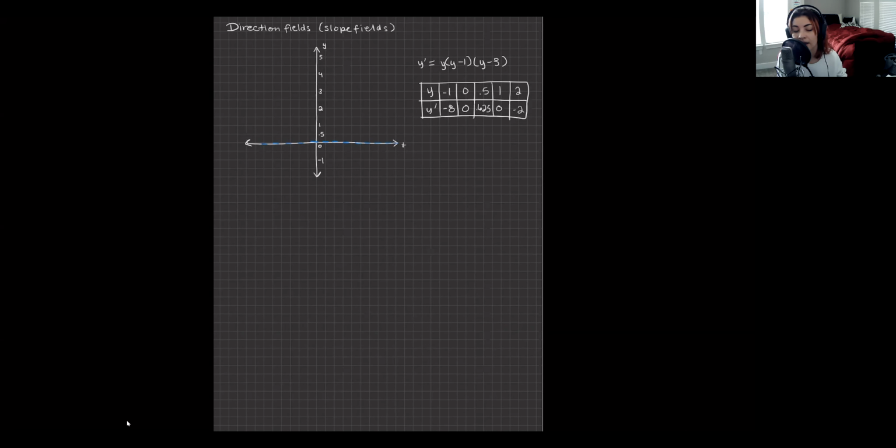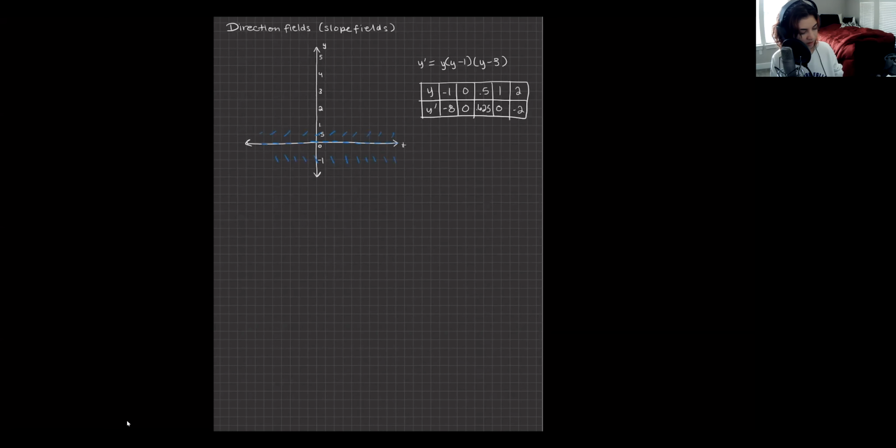So y and y prime: you plug your y's into your equation and get your y prime. I've already done one line. When y is 0, our slope is 0, so we draw horizontal lines. When y is -1, y prime is going to be -8, so we're going to have negative slopes. When y is 0.5, our slope is going to be almost 1, so like that.